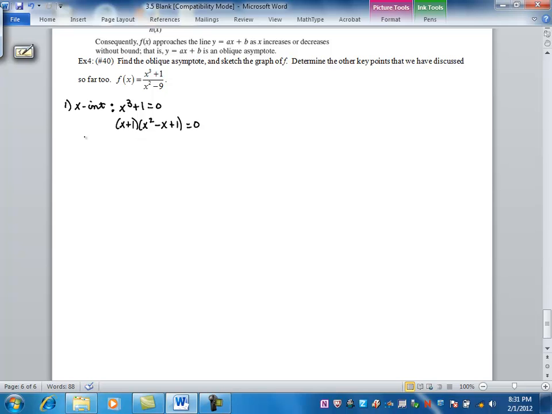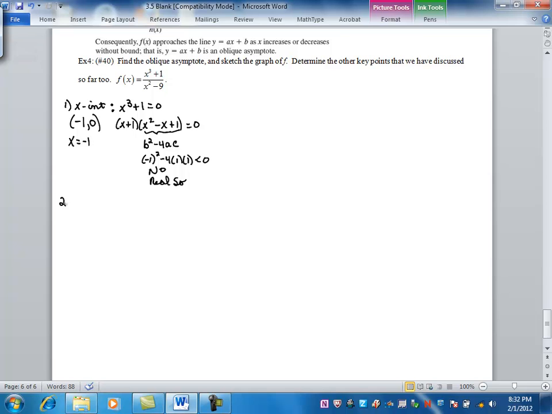We know that x equal negative 1 is going to be a solution, and if we check the discriminant of this thing, b squared minus 4ac, negative 1 squared minus 4 times 1 times 1, this thing's less than 0, and therefore there are no real solutions coming from this part. So we've got an x-intercept at (negative 1, 0).